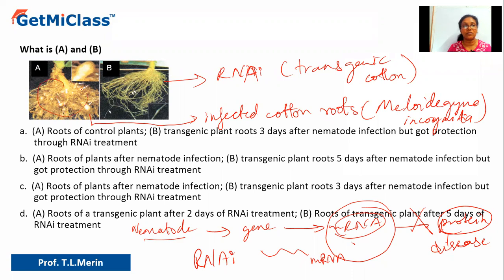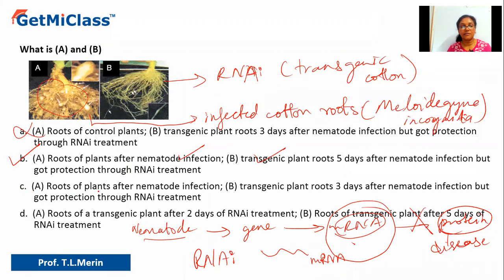That's why you can see the roots like this. But here it says it's a control plant, so it is ruled out. Option B says A is roots of plants after nematode infection. That is absolutely right. Then B is transgenic plant roots 5 days after nematode infection, but got protection through RNAi treatment. That is absolutely right. So option B should be the correct answer.